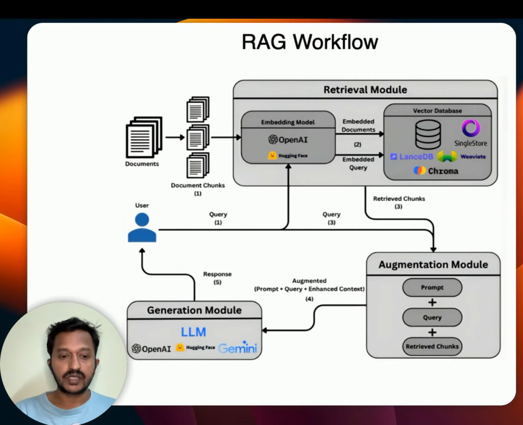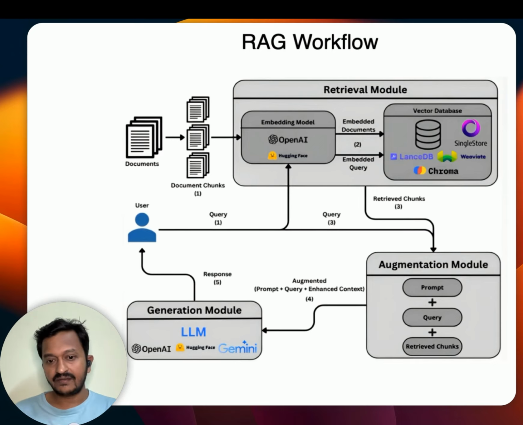And what happens when a user query comes in? As you can see here, even the user query gets converted into a vector embedding using the embedding model, and then it goes through the vector database to retrieve the similar chunks using vector search and semantic search.